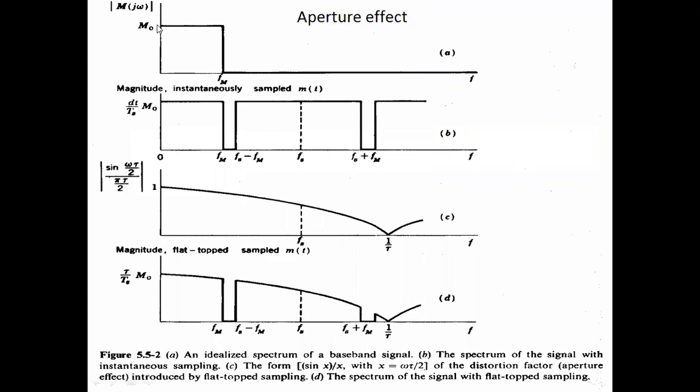So the M of t has the flat top. Now, consider the idealized spectrum of the signal, which is flat, and the spectrum of the signal with instantaneous sampling. The signal lies from 0 to fM, with sampling frequency Fs, and Fs minus fM is one end, and Fs plus fM is another end.